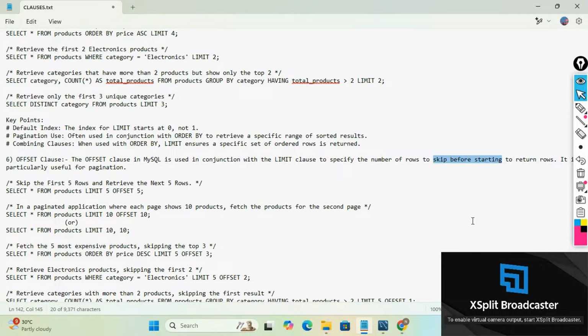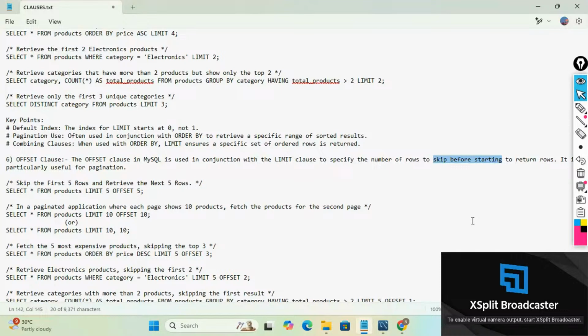We'll generally use the limit clause, right? So limit 1, so we'll ensure that it returns only the first employee who is being paid the highest.